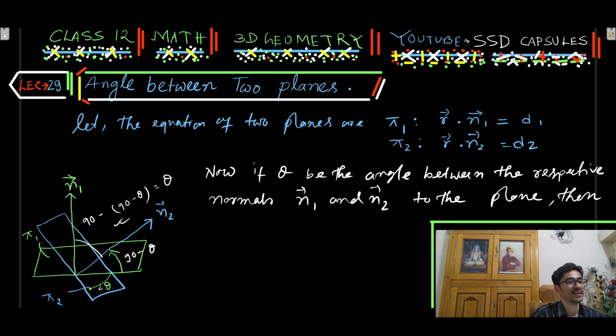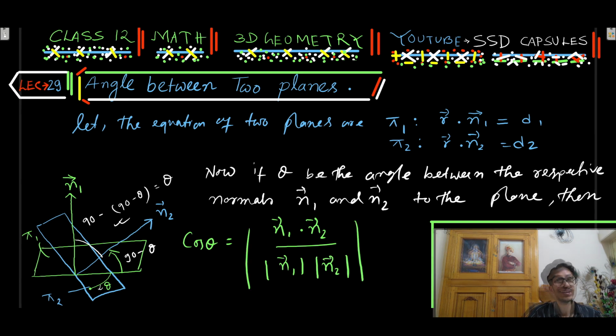In green color, cos theta equals n1 vector dot n2 vector divided by the magnitude of n1 vector into the magnitude of n2 vector, and we take the whole magnitude, so that it is the modulus of n1 vector dot n2 vector by this. So this is the vector form.